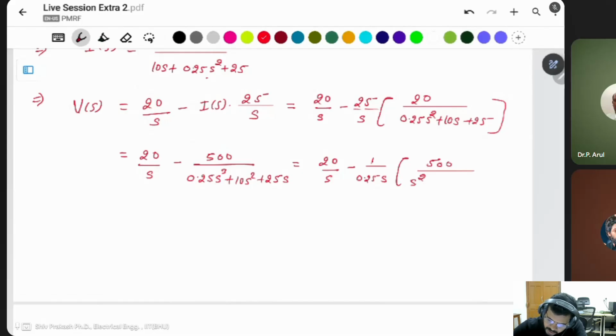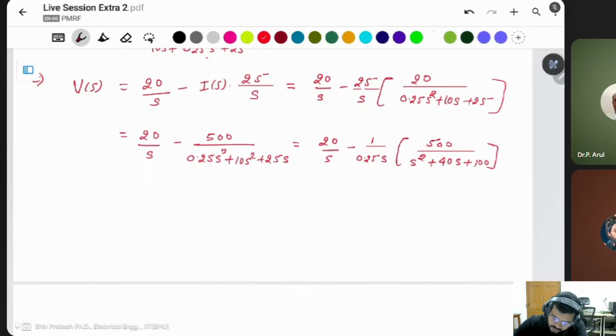The terms here are s square plus 10 divided by 0.25, it will be 40 s, plus 25 divided by 0.25 is 100. 20 by s minus this will be 1 by s, 500 divided by 0.25, it will be 2000. This will be 2000 by s times s square plus 40 s plus 100.